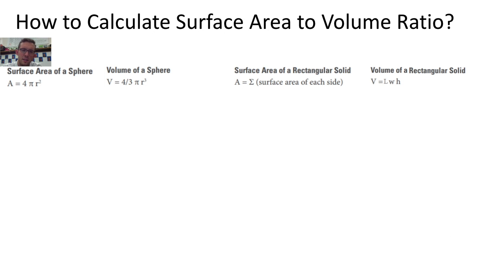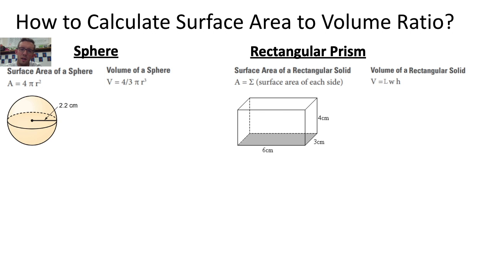In this class, you'll be expected to calculate the surface area to volume ratio for 2 shapes: spheres and rectangular prisms. Calculating the surface area and volume of a sphere is relatively straightforward because the AP Bio test will give you the formulas for the area of a sphere and the volume of a sphere.